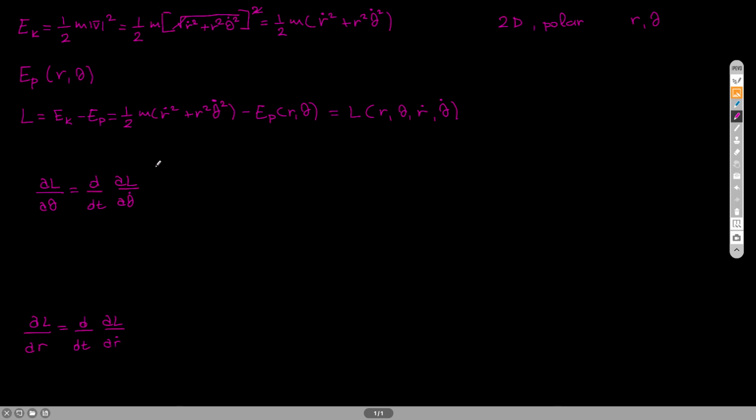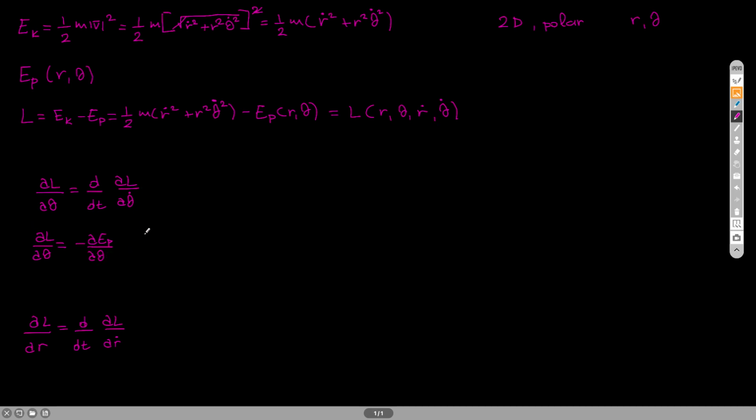Now, I'm going to start to use this. I want to find the partial of L with respect to theta first. There is no theta dependence in the kinetic term, but there is theta dependence in the potential, so this will be minus the partial of Ep with respect to theta.